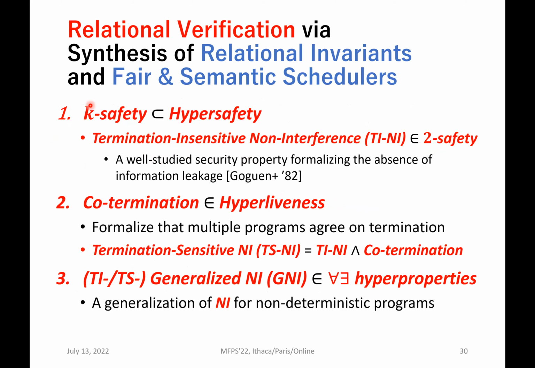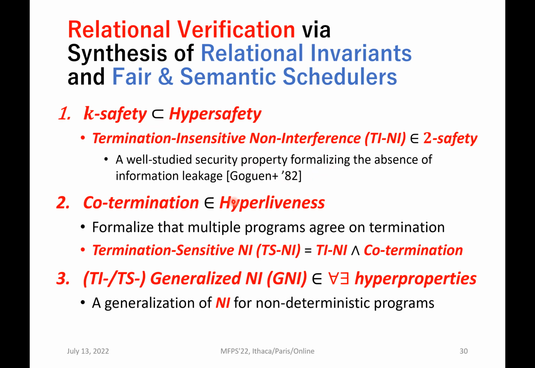Okay, we will address these 3 classes of relational properties. The first one is k-safety, a subclass of hypersafety, which is safety properties among k executions of programs. A representative example of 2-safety is termination insensitive non-interference, which is a well-studied security property formalizing the absence of information leakage.